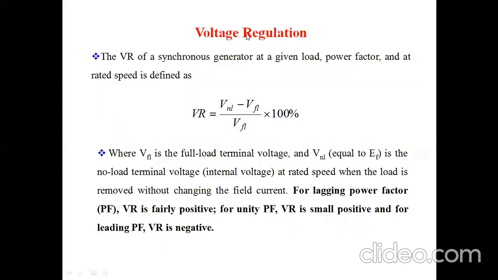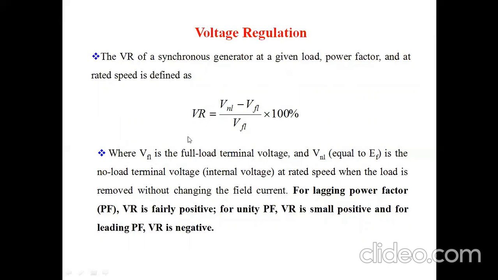Then rotor voltage regulation. Voltage regulation depends upon the load, power factor and rated speed of the synchronous motor drive. The voltage regulation is the voltage under no load minus the voltage under full load, divided by the voltage under full load, times 100%. This is the way to calculate the voltage regulation for a synchronous machine.